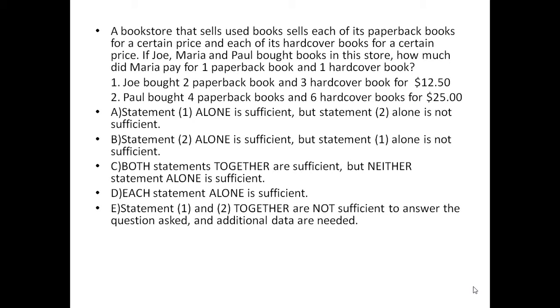Since two different statements are given with the paperback and hardcover values as variables, you are supposed to form algebraic equations. That would be the easiest way to solve this question. So let's see how we would solve this.